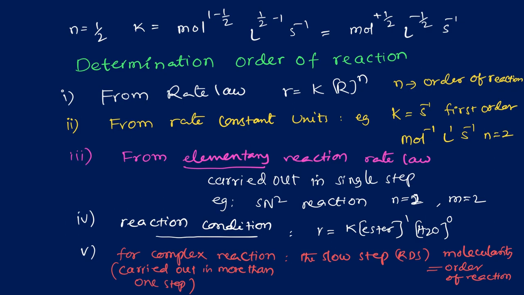Previous 5. Now, next, what is the number? 6. Then, sixth one is order of reaction can be determined from the graph. So, this is called from graphs. One example I will give here.